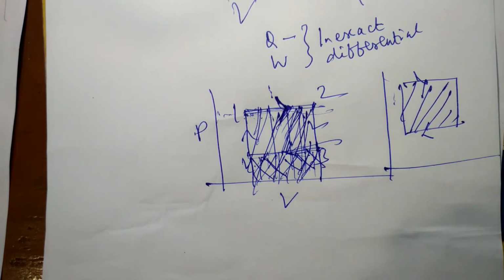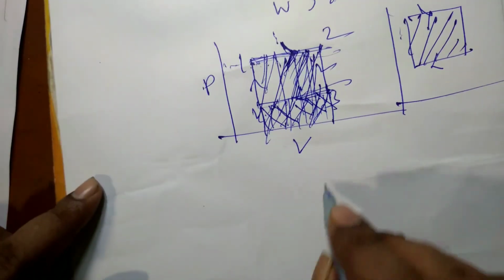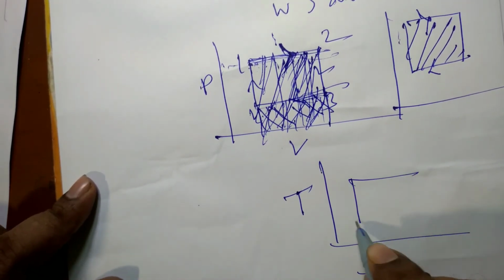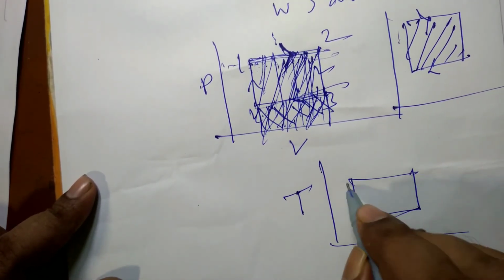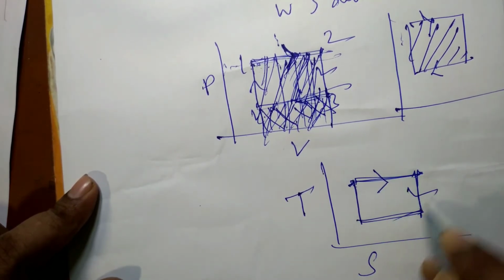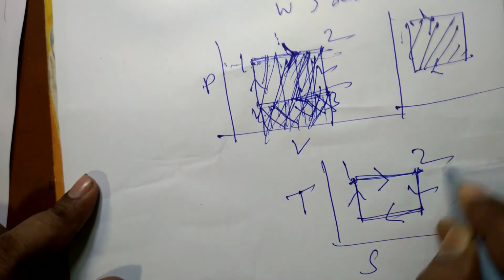So यहाँ in this case you see, and similarly also for TS diagram में जो अगर एक साइकिल होगा, अगर this is a Carnot cycle, if it is a rectangle then in a TS diagram this is a Carnot cycle.